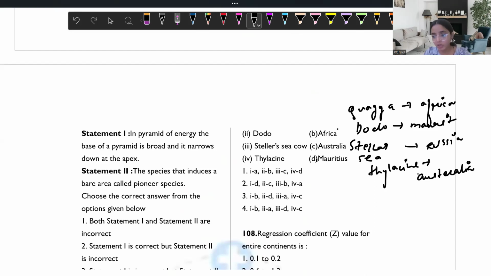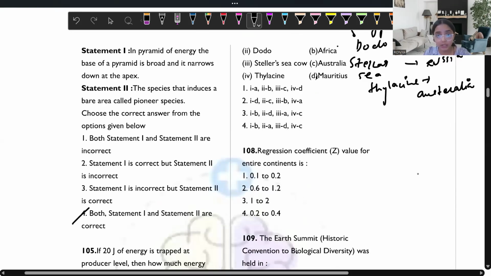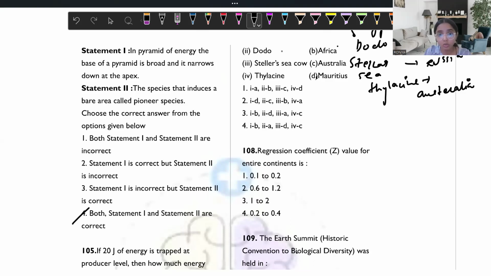So here answer would be option 3. That is 1 is B, 2 is A, 3 is D. Yes, thylacine 4 is C. So option number 4, sorry.